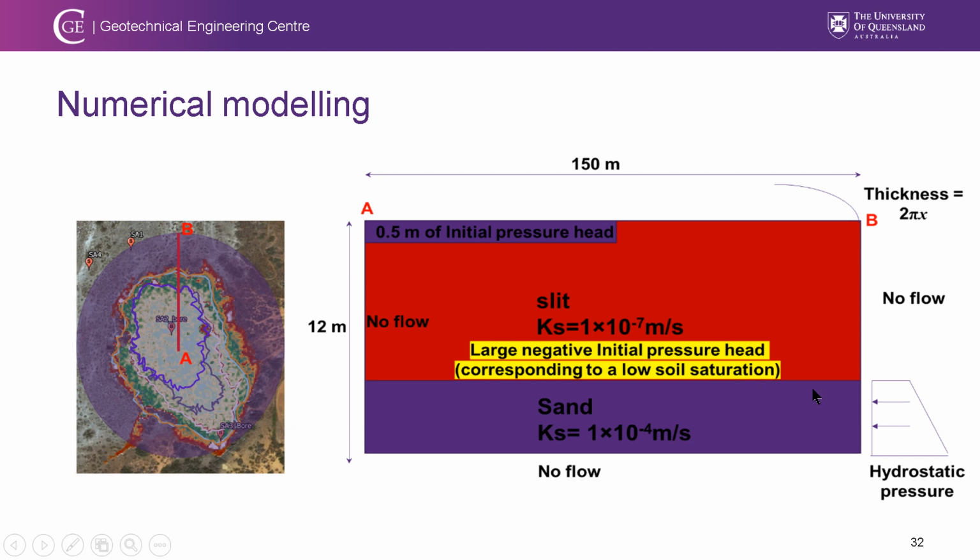One extra thing that we also approximated is that although the surface layer is sealed, we find that the flow is quite fast within this layer, which is due to the existence of cracks and preferential pathways, potentially formed by desiccation and the existence of vegetation roots.